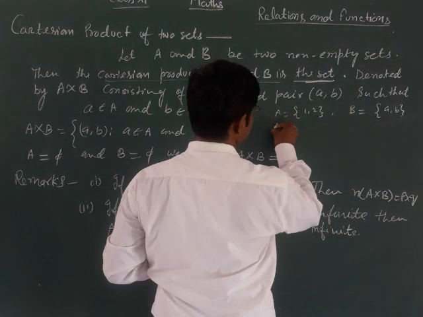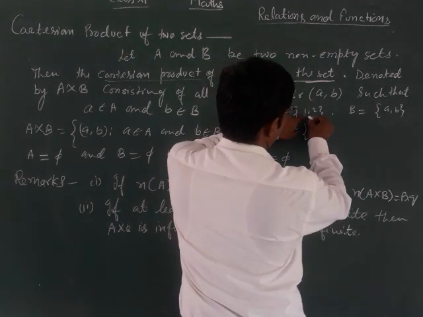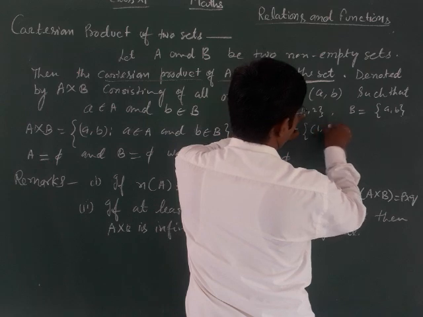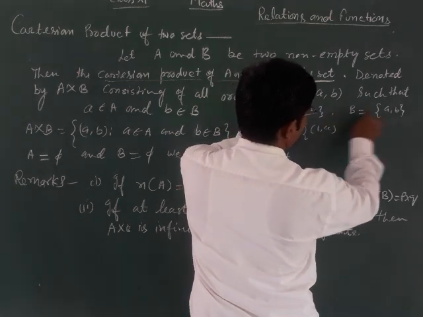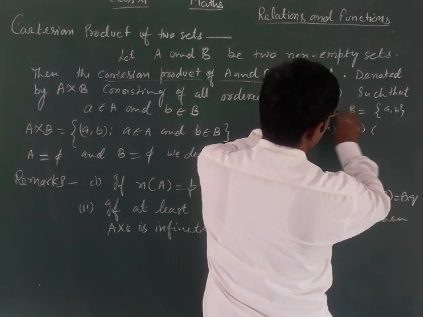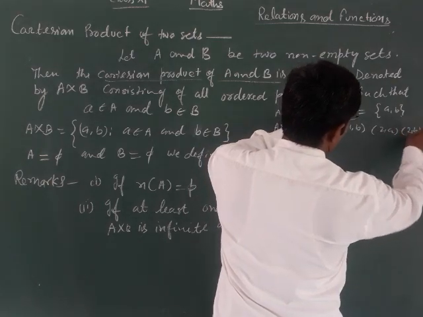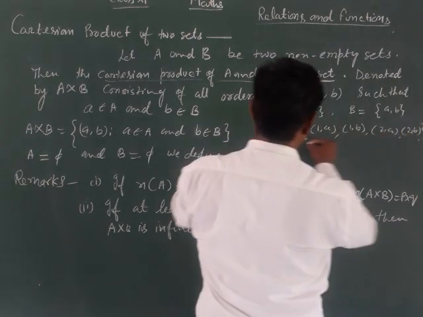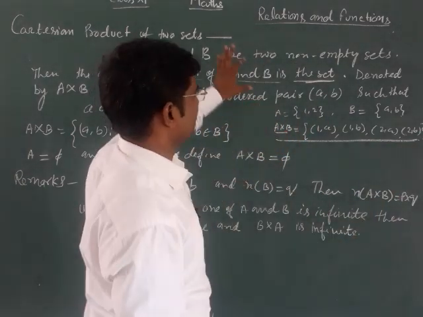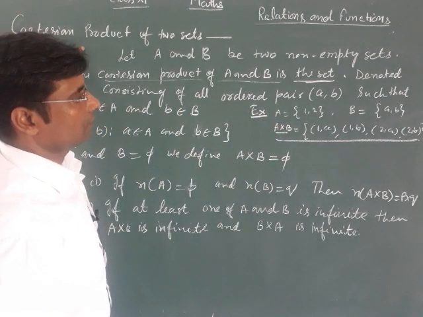So the Cartesian product A cross B is equal to (1, a), (1, b), (2, a) and (2, b). So this is the Cartesian product A cross B. This is an example of the Cartesian product of two sets.